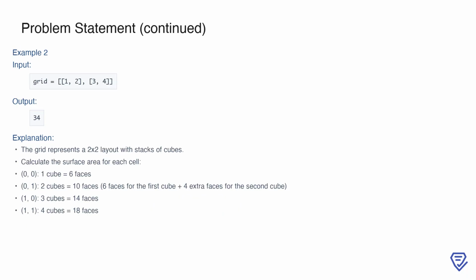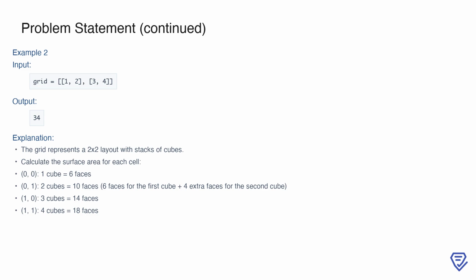In the second example, the grid is a 2 by 2 grid with different heights at each position. Specifically, the values are 1, 2, 3, and 4. To calculate the surface area, we look at each cell individually. The cell at 0, 0 has 1 cube, contributing 6 faces.